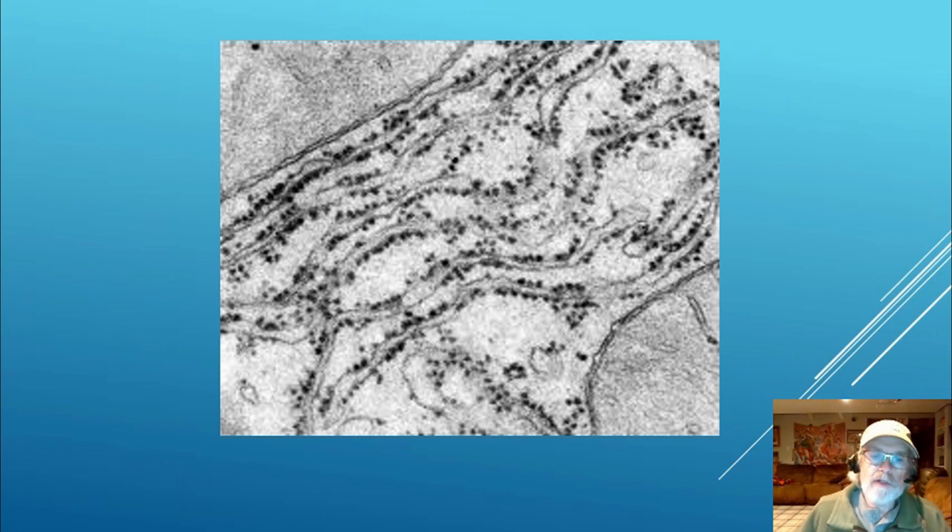This is actually a picture of rough endoplasmic reticulum. See all those little black dots? They're all over the place. These are all ribosomes, and they're on these channels, or this highway, or these strands that are throughout the cytoplasm, and that's called the rough endoplasmic reticulum. This up here is the nucleus, and you can see the double-layered nuclear membrane right there.